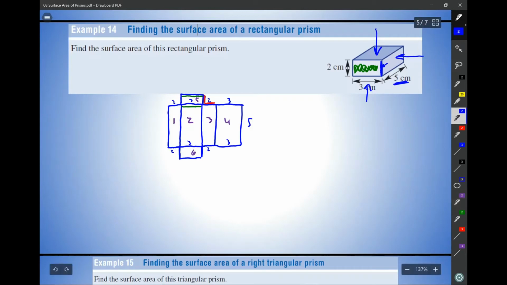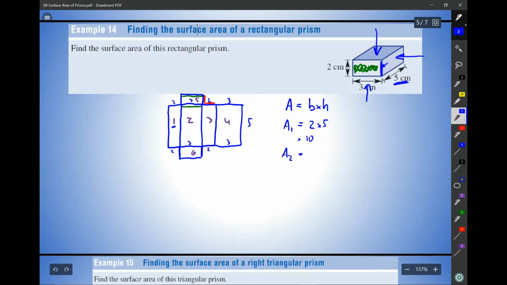So now we need to calculate all the areas of these 6 shapes. I'm going to start by writing down the formula for the area of a rectangle. And then we're going to start calculating area 1. Area 1 here is the shape that I've put a 1 on, and it's going to be 2 times 5, or 10.